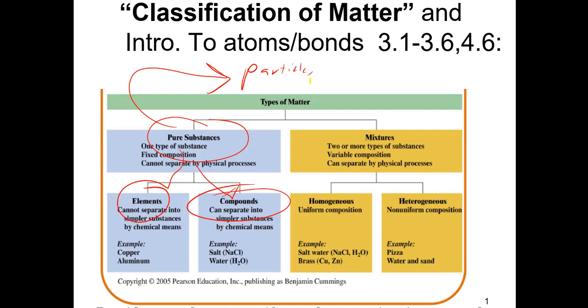So particles is a generic word. It means things or objects. So for example, we know that water is made up of these water molecule particles. And I'll put those in neat little balls that you can see right there.